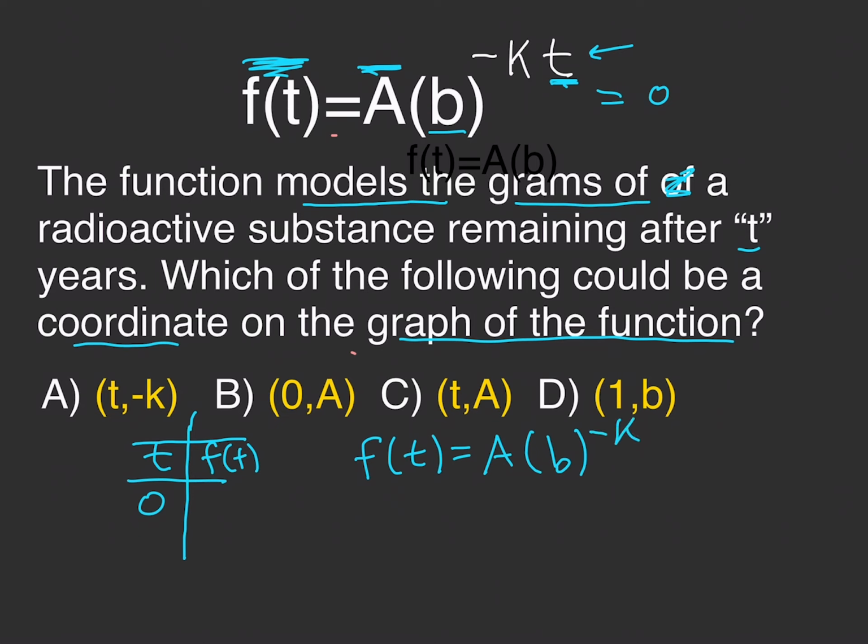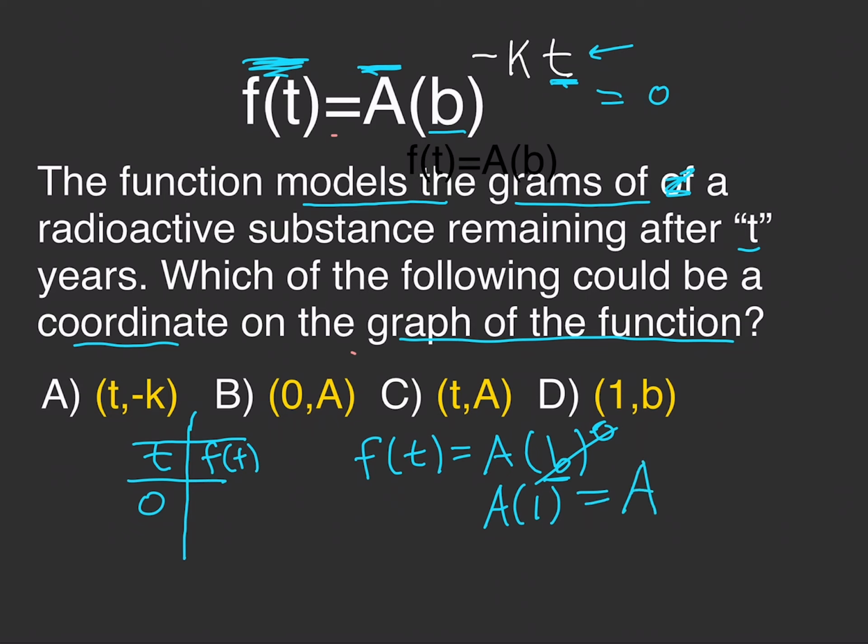I know it's a lot of things I don't know, but if I make t 0, what does that do? Well, of course, this power here, the negative k times 0, that's just going to be 0, right? Anything times 0. This is to the 0 power, and anything to the 0 power is just 1. So now I just have a times 1, which of course is a.